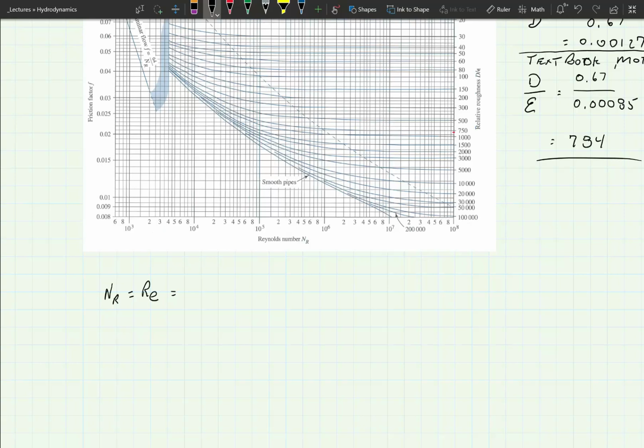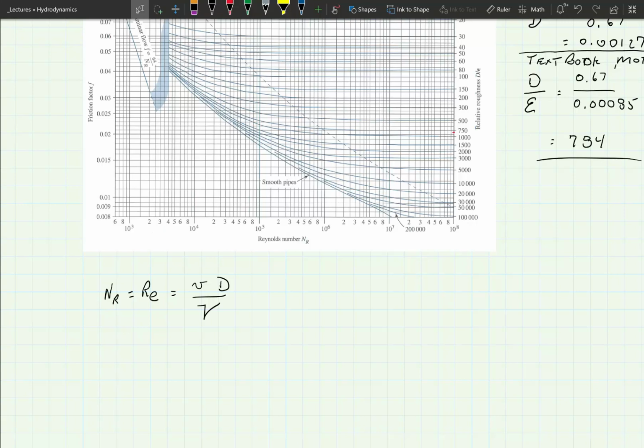No. Close. Yeah, it's the velocity times the diameter over viscosity. Okay? Cool, but we don't know something, do we?